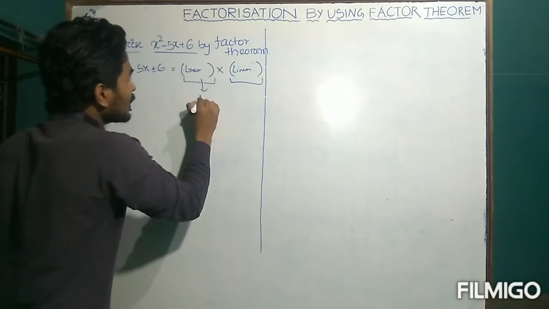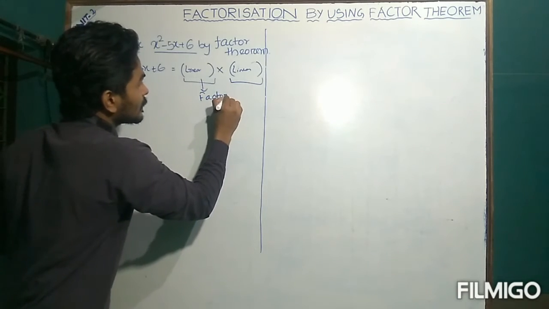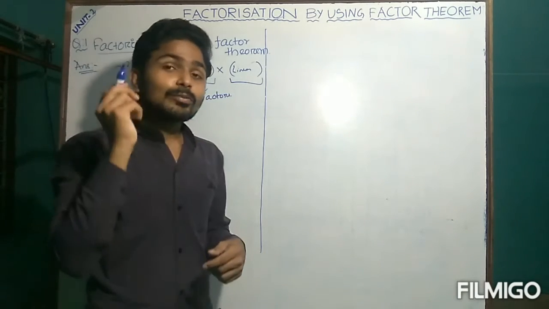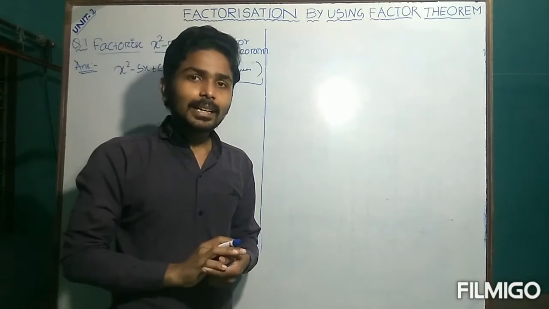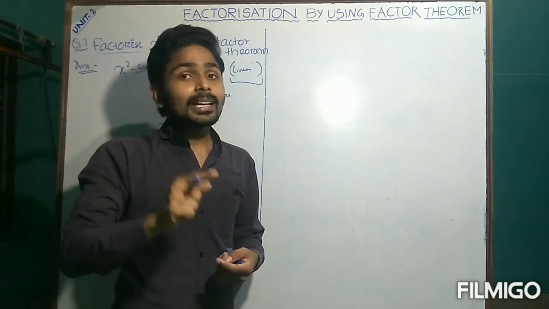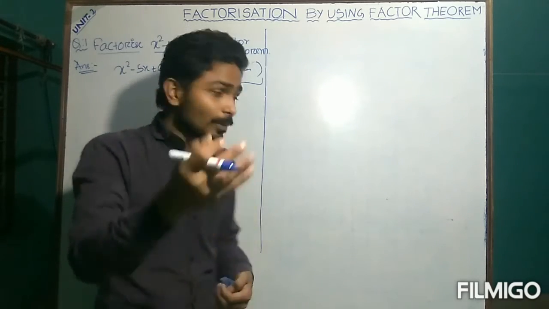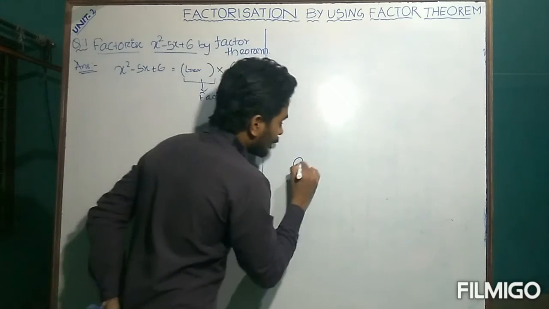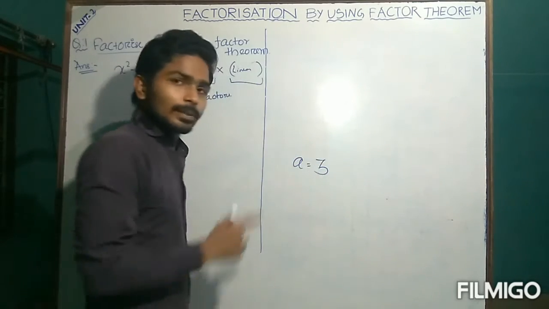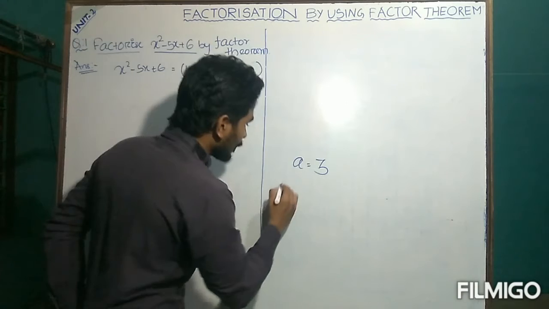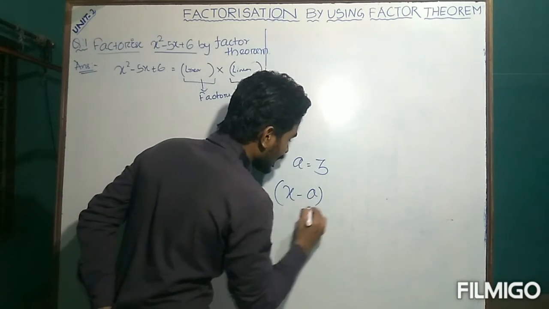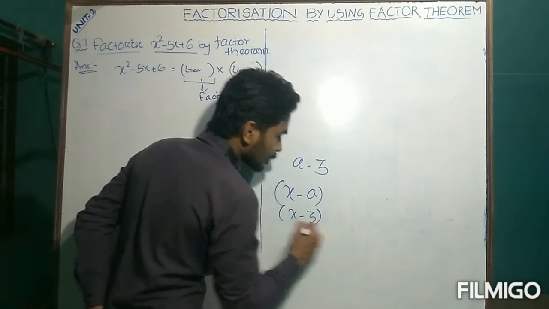In order to find the factors, as we know, if we can know the value of the zero, then we can find the factor. For example, if a is equal to 3, can we find the factor? Yes, the factor is x minus a, that means x minus 3.